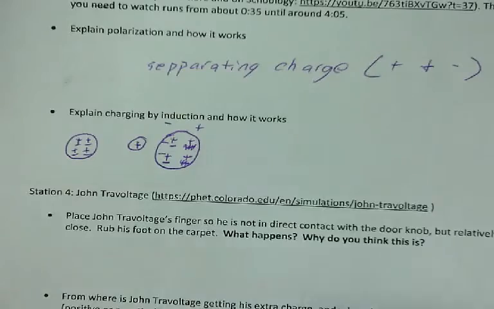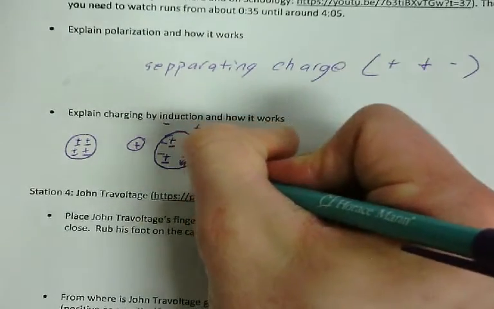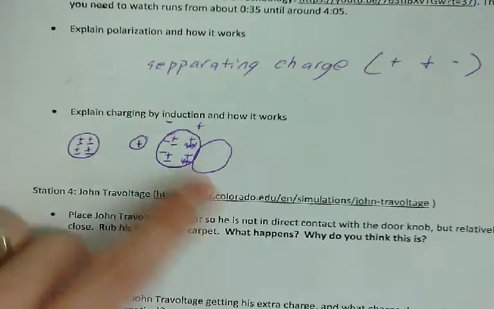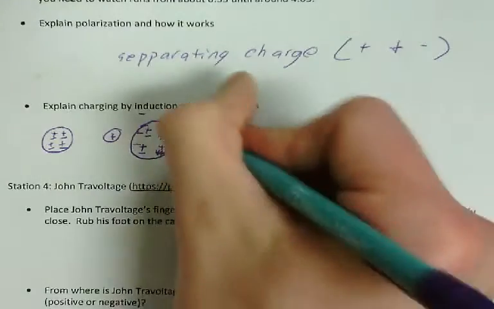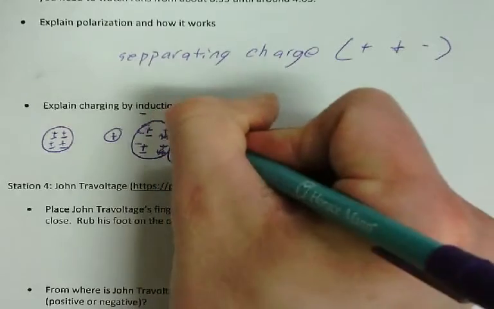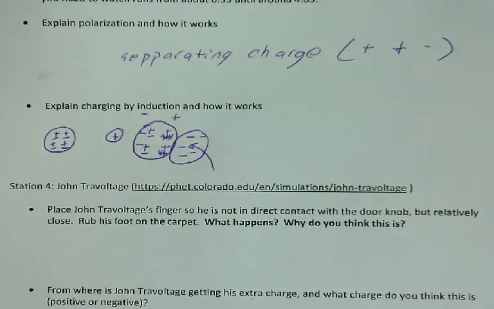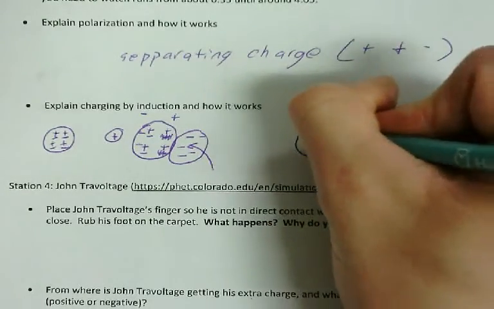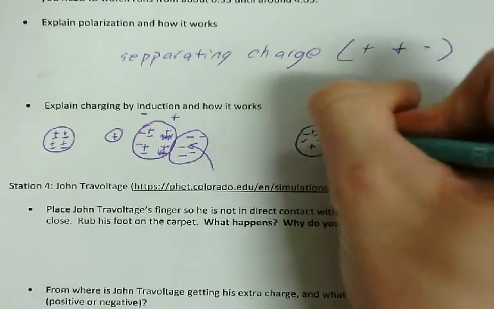You then bring a third object in contact. And that third object will bring in electrons or pull out electrons, depending on what it is. So this side is positive, so it will bring up electrons. When you do that, those extra electrons will go on the object. You take the original object away, and now you've got more electrons than protons, and it's negatively charged.